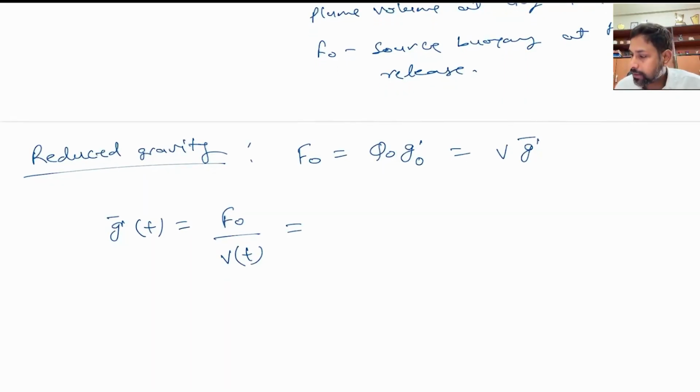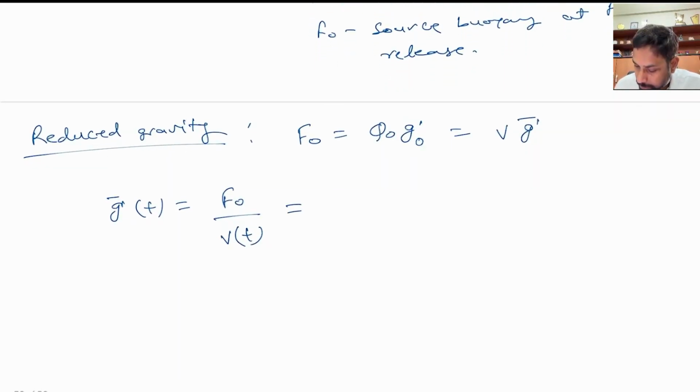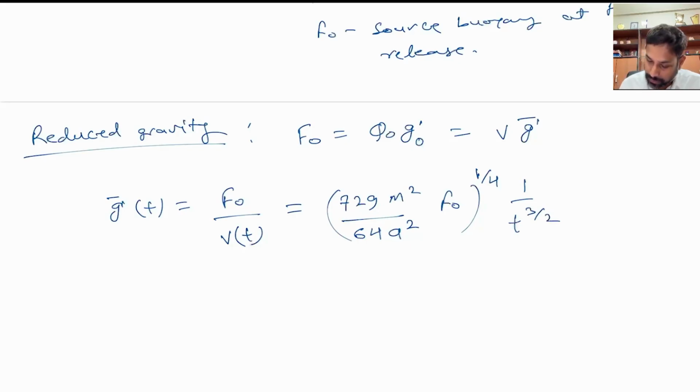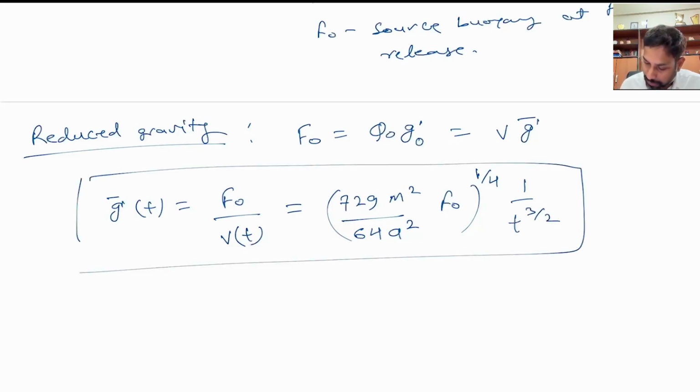Okay, so this gives us an equation of the form 729 m squared over 64 a squared F naught, times 1 over t to the power 3 by 2. So this is how your reduced gravity decreases with time.